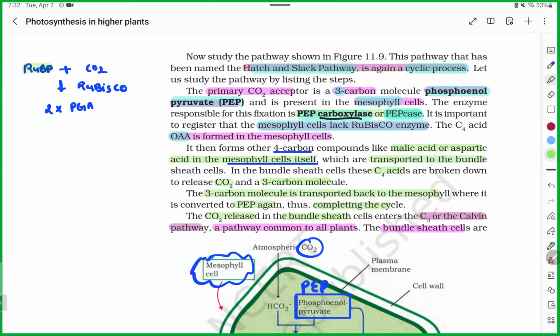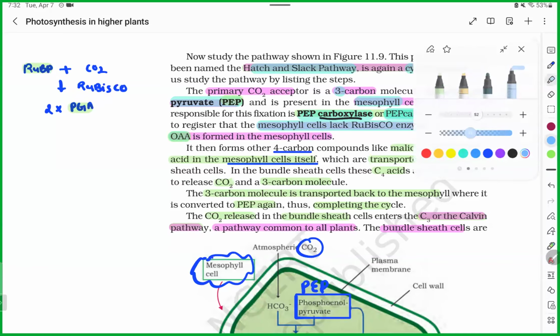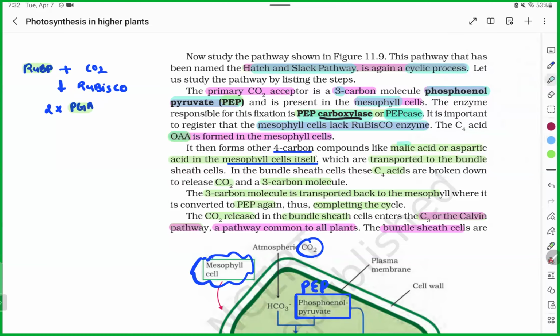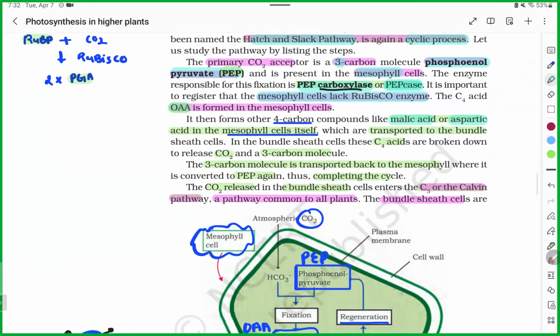RuBP. In C4 plants, PEP, phosphoenol pyruvate. What is the product in C3 plants? PGA. In C4, oxaloacetic acid. Correct. Then two other products form. What are the two other products? Malic acid and aspartic acid. Both in mesophyll cells. Very, very important.